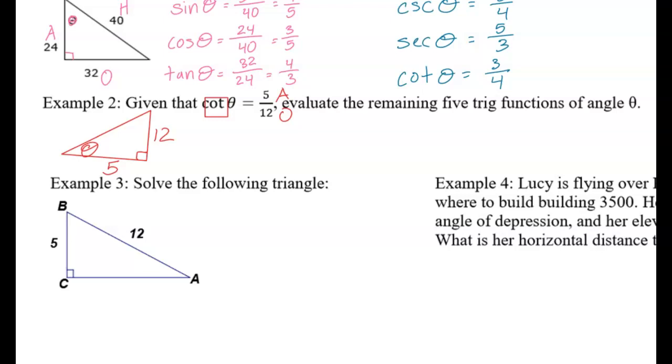Now in order for us to finish the rest of these trig functions, I do need to know what that third side is. Does anyone know the length of that third side? Or hypotenuse? Yes. How'd you guys get that?